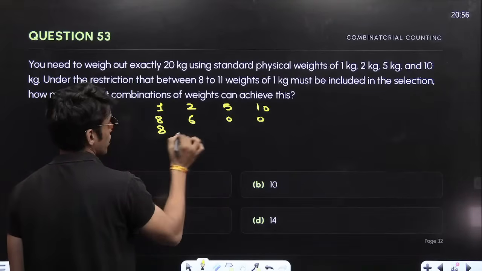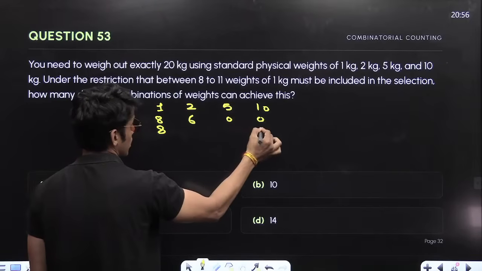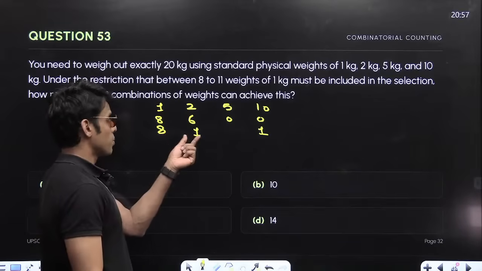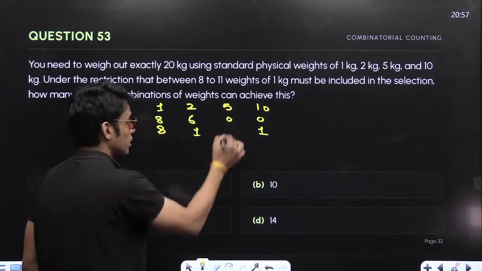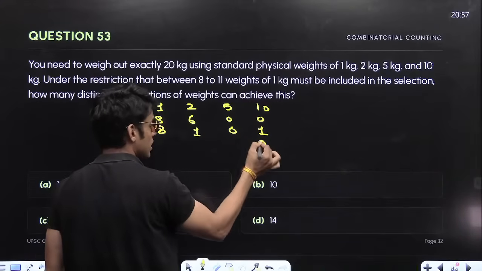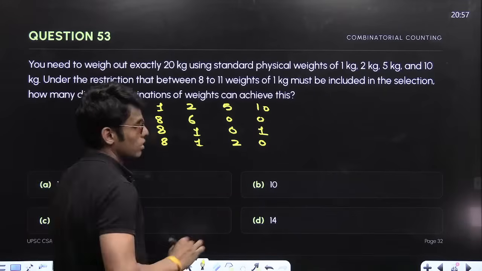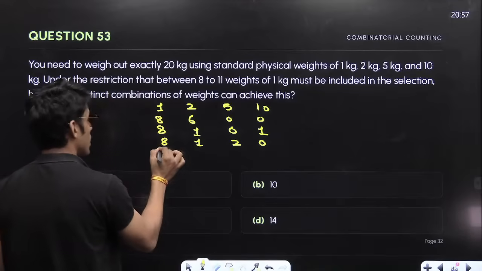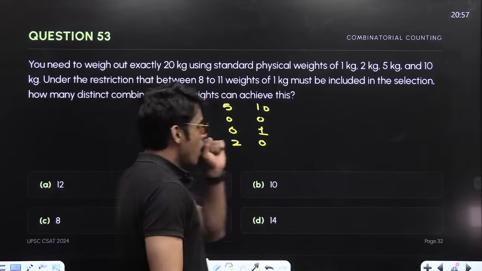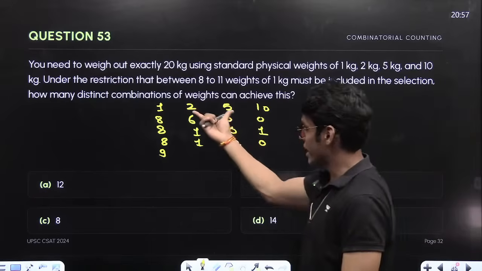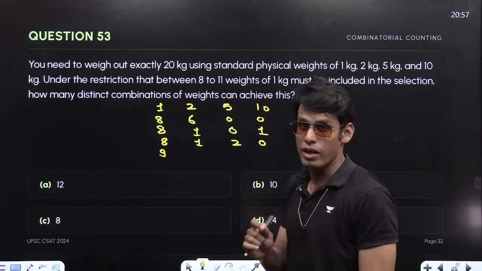Or I can use 1 here and 1 here. See, 8 kg plus 2, 10, 10 plus 10. And with every this logic, I can get this also. So these are the 3. Now when I'm using 9, with the rest of these weights, I have to measure 11 kg.